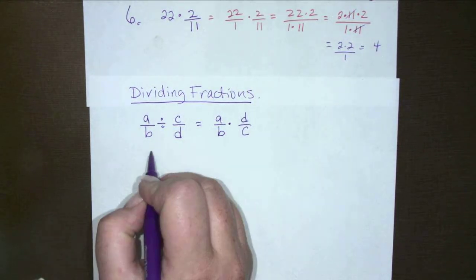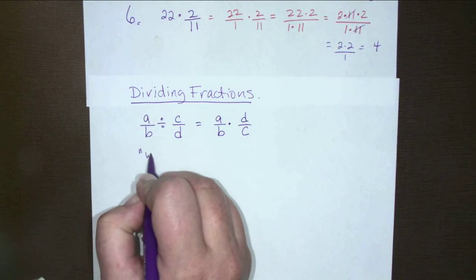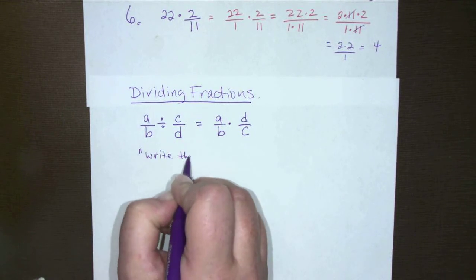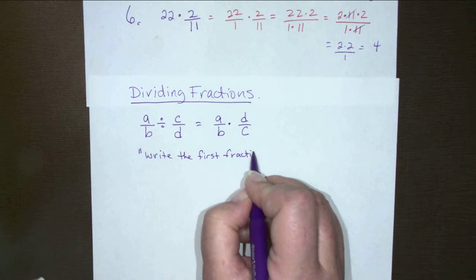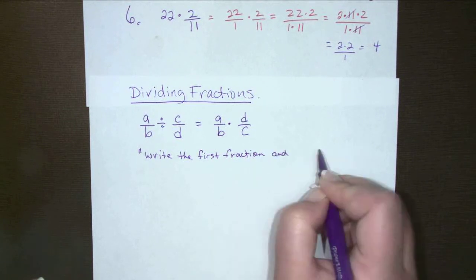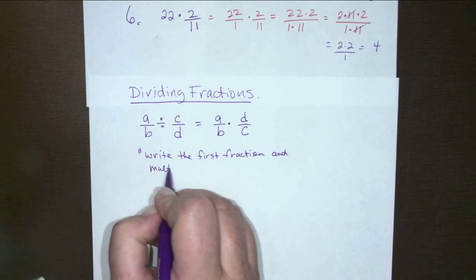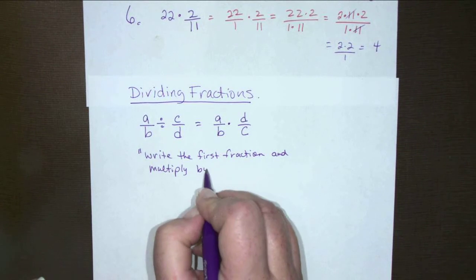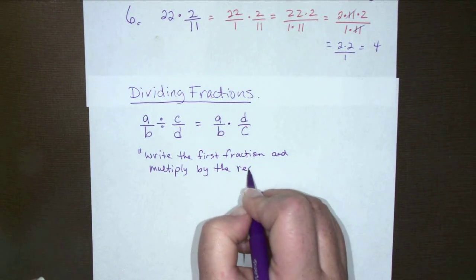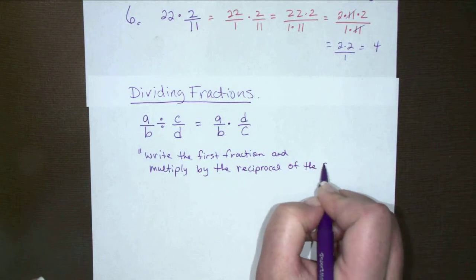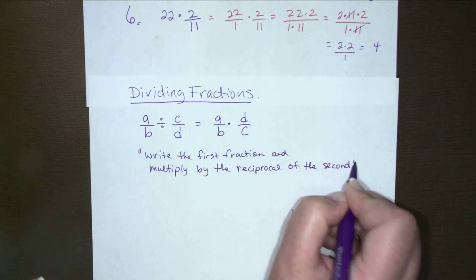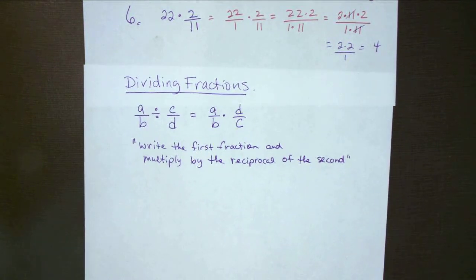So you might say, write the first fraction and multiply by the reciprocal of the second. Right? Something that's in your head. And you might use different words, flip over the second and multiply, whatever.